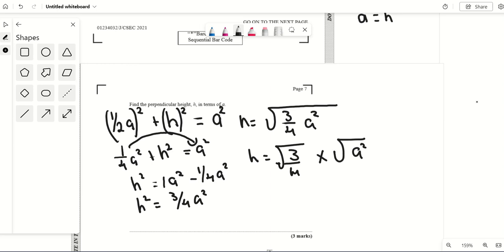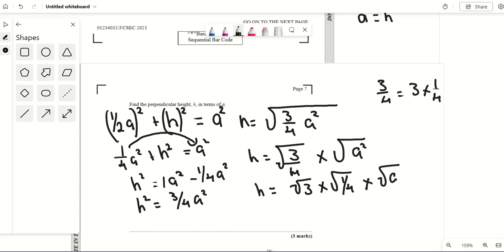Now, 3/4 can also be broken down to the square root of 3 multiplied by the square root of 1/4, because 3/4 is the same thing as saying 3 multiplied by a quarter. Okay, guys? Multiplied by the square root of A squared.